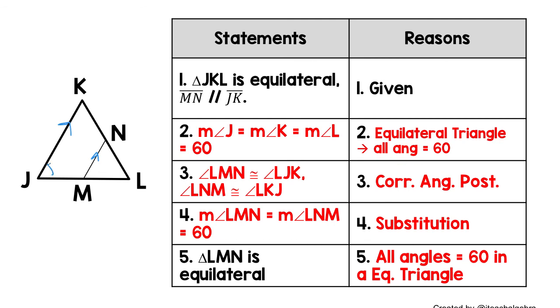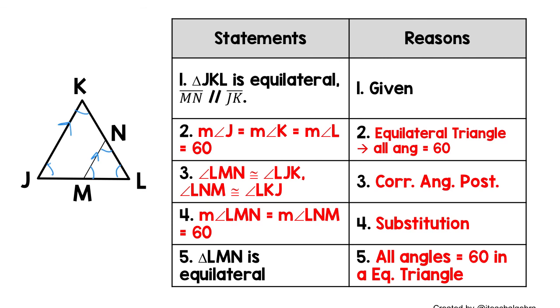We can also say that angle LMN is congruent to angle LJK, and angle LNM is congruent to angle LKJ because they are corresponding angles.